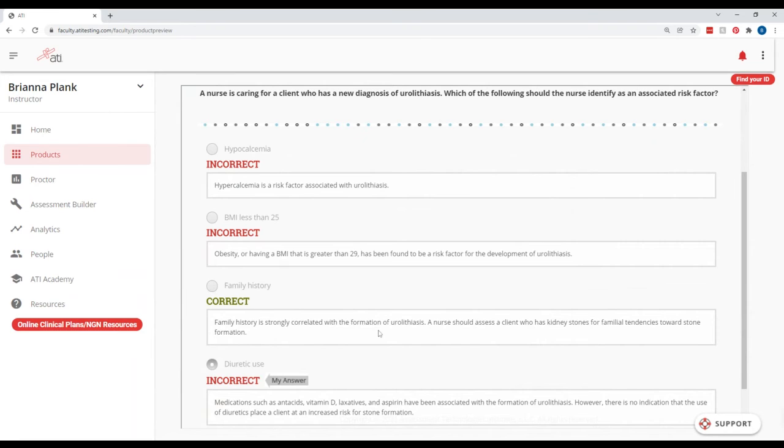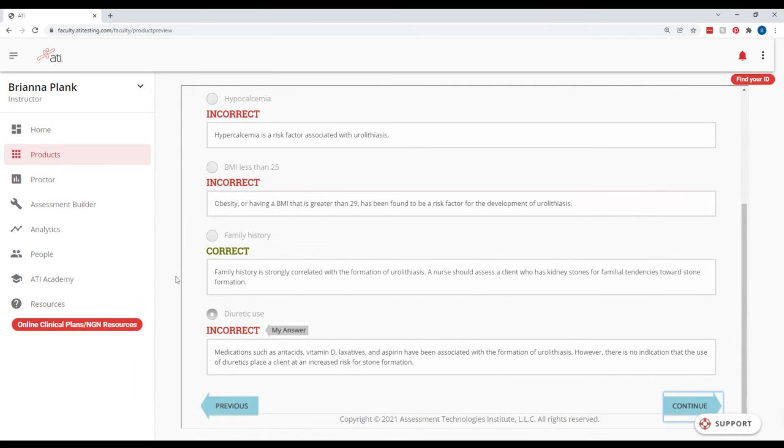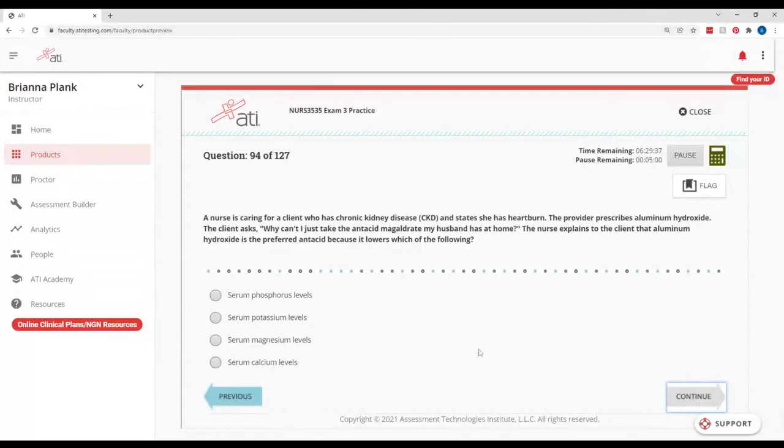I didn't know that one too. So family history is a risk factor for stones. That's true. Dehydration also is not good. So that's why I went for diuretics. Sorry, I got that one wrong.